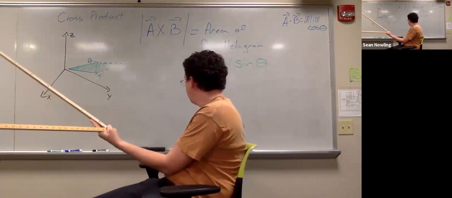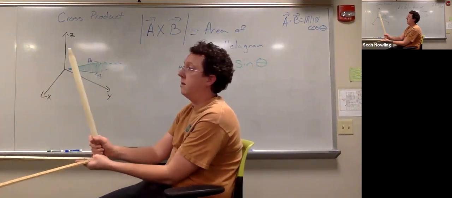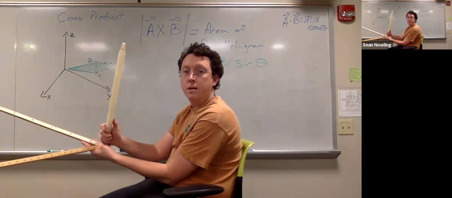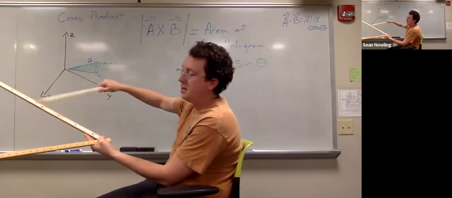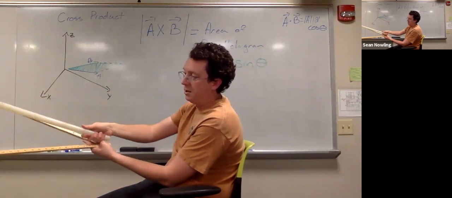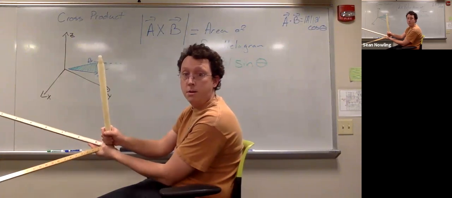So the answer will point in the direction of our Teflon stick here. A cross B. You curl it from A to B, and it points in the direction of your thumb.